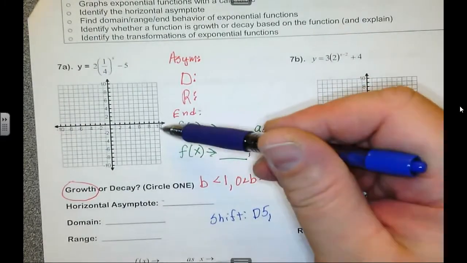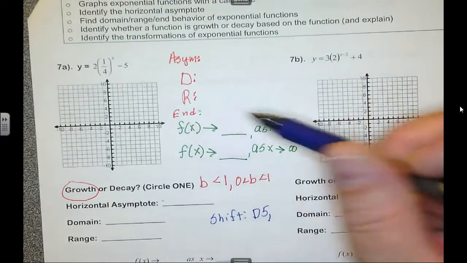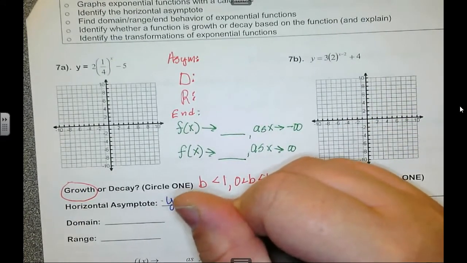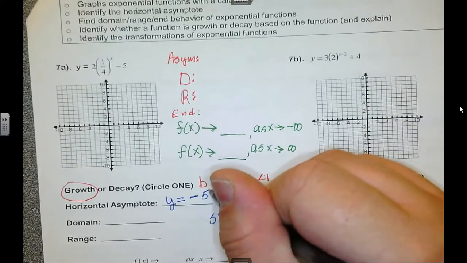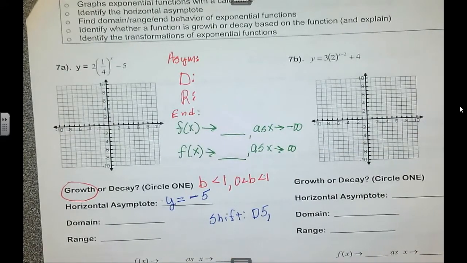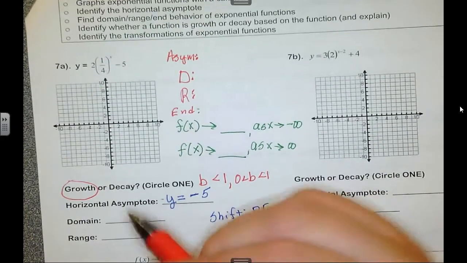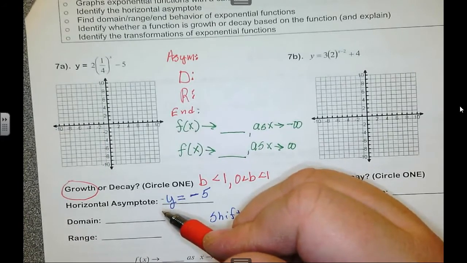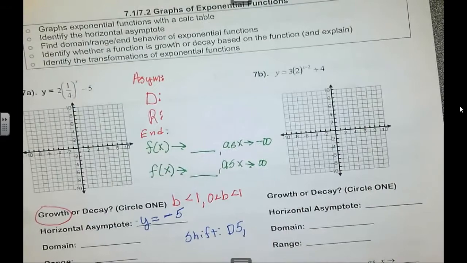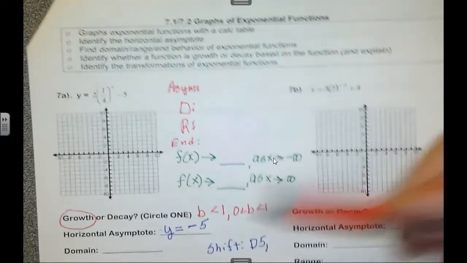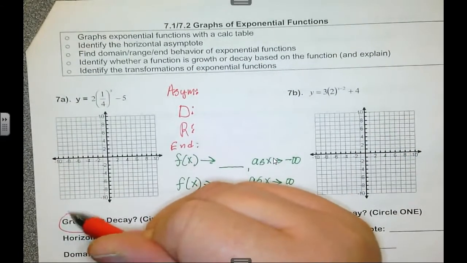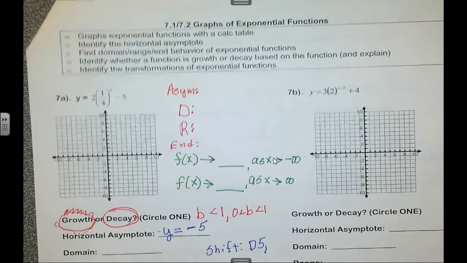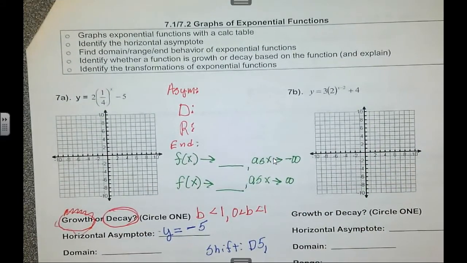So normally, I would have my asymptote at y equals 0, the x-axis, but since I have to go down 5, my asymptote is going to be y equals negative 5, because down. Oh, our b is a fraction. This is a decay. If it's greater than 1, it'd be growth.